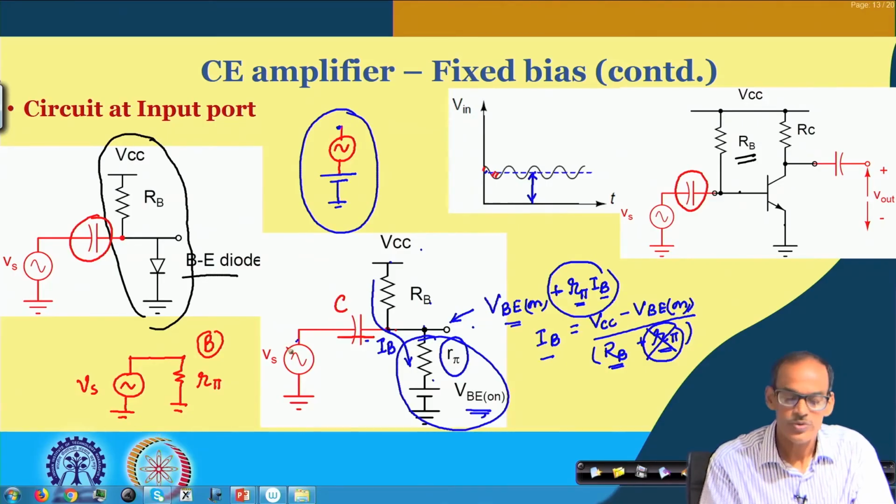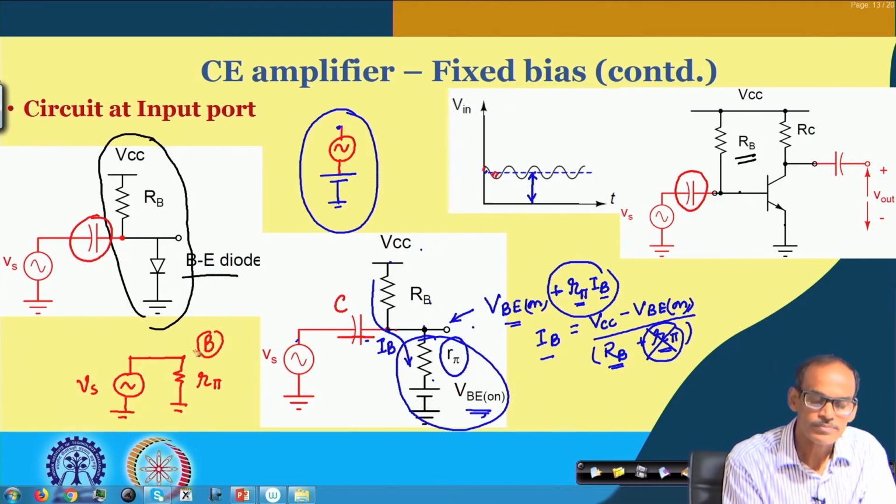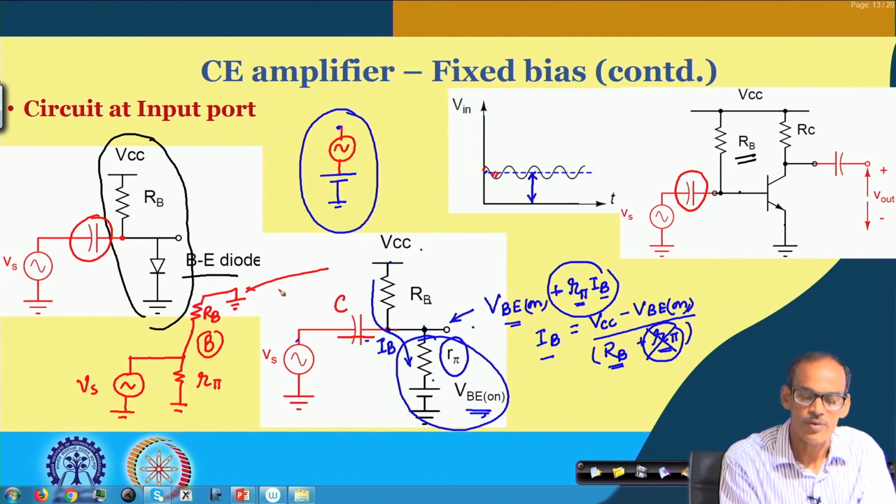And then of course, we have the RB also there, but since this RB, as I said, is very high, we may ignore it. And then we have the DC voltage here, which is of course the AC ground.